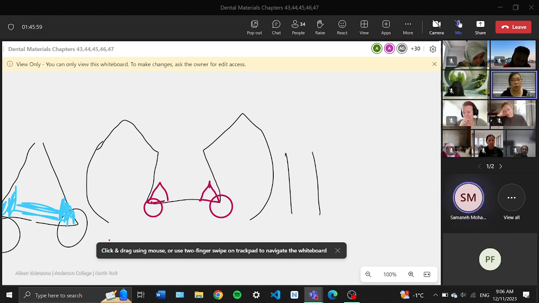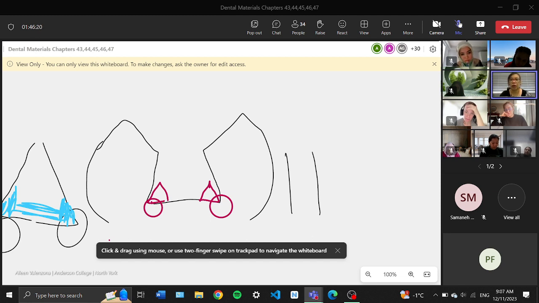I will tell you when we are in the composite, that is a different retention. So we make an angle so that the filling material is not going to fall out. This type of retention is for amalgam. The dentists do this for amalgam.